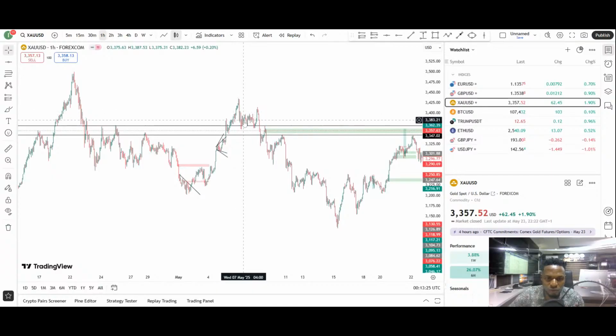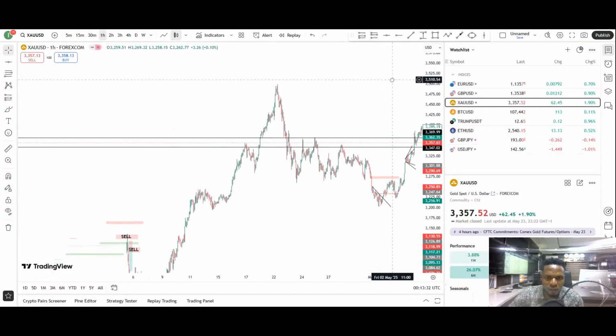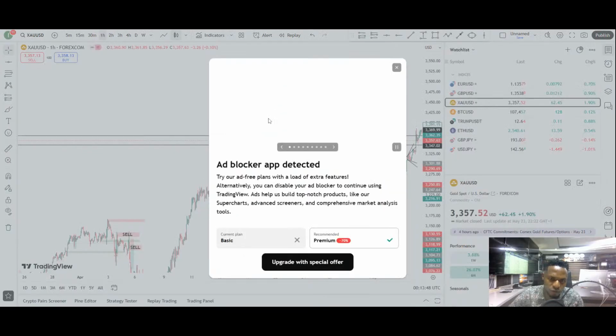Now I zoom out, right? I zoom out and I'm yet to see what has happened here, right? I only notice, okay, at this point, now I'm taking this, now I'm taking another point now, right? At this point, price moved up.